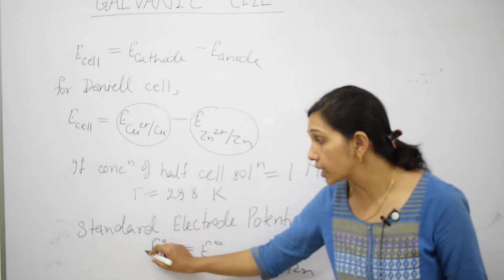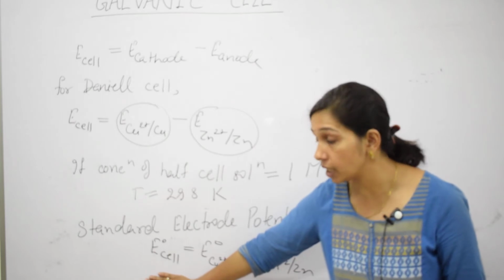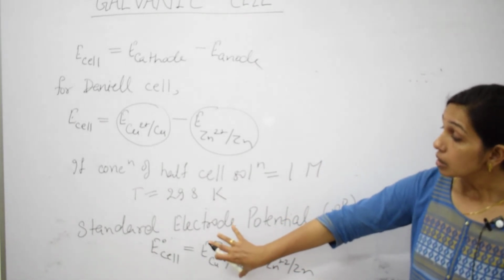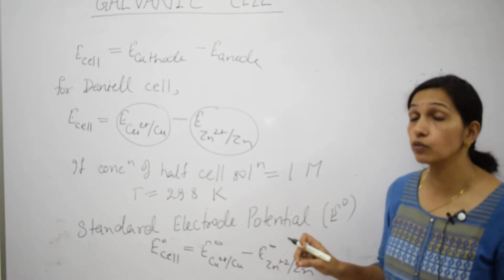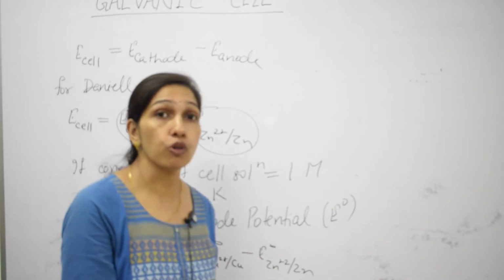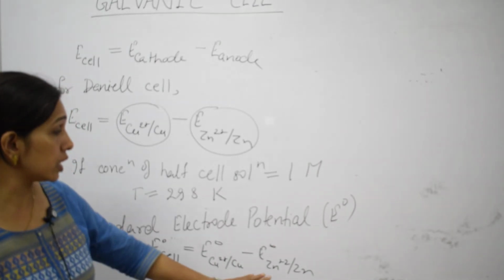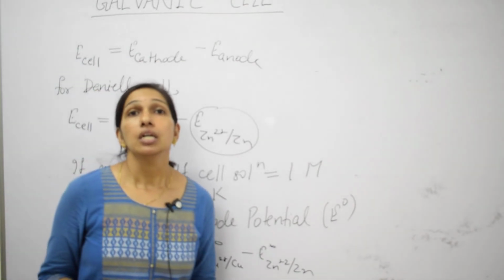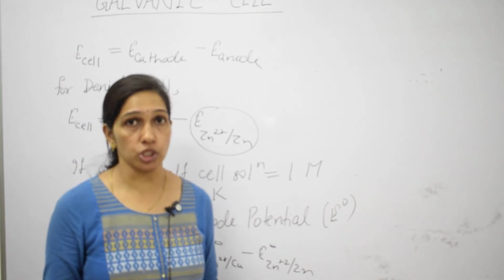Like we can get the E naught cell, the standard electrode potential of the cell, but we can't measure the electrode potential of half cells. An individual half cell electrode potential cannot be measured from a galvanic cell. So, to measure the individual electrode potential of a half cell, a standard hydrogen electrode was proposed.